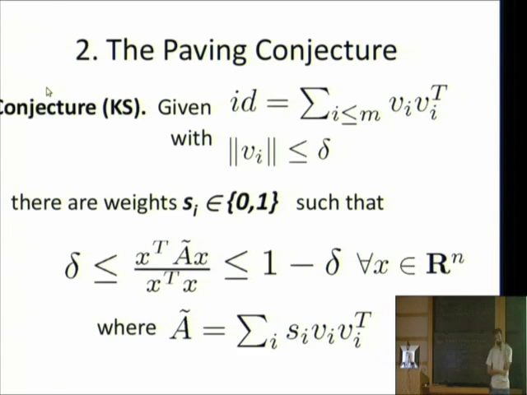Okay. So this is actually equivalent to this old conjecture called the Paving conjecture or the Kadison-Singer conjecture. This is one of the central conjectures in operator theory. You can try some approach to this based on our construction.